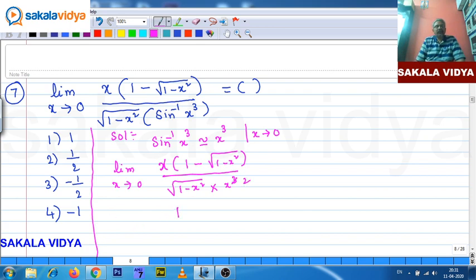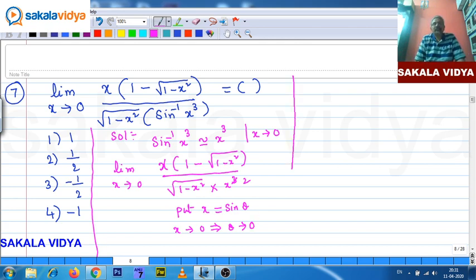Now put x is equal to sine theta. As x approaches 0, sine theta is equal to 0, meaning theta also approaches 0.